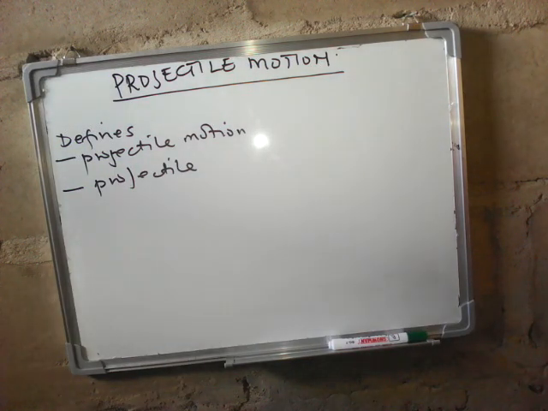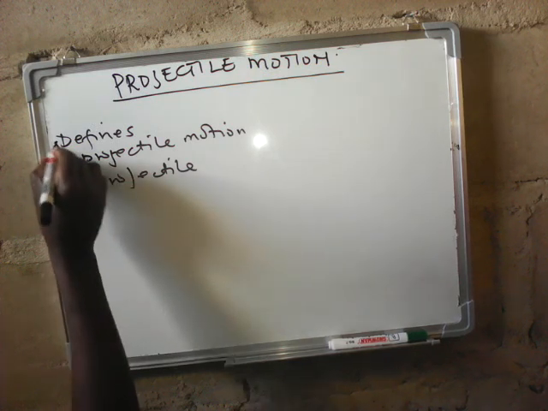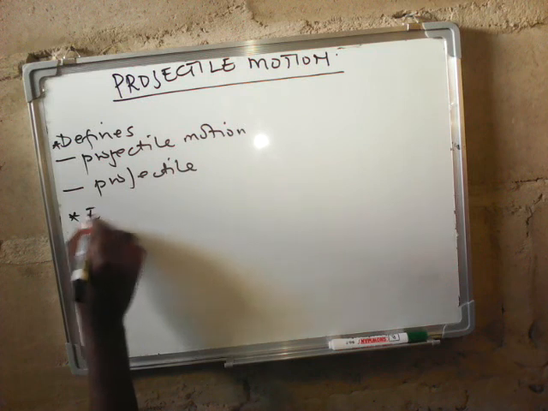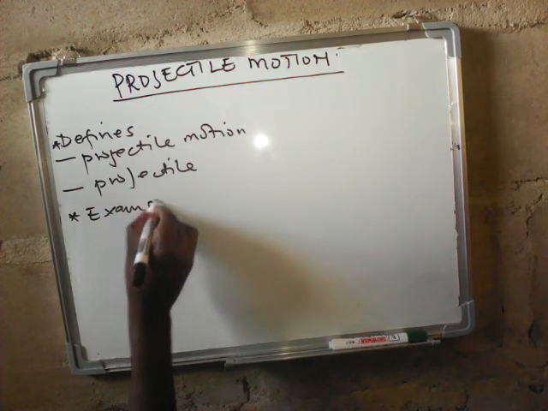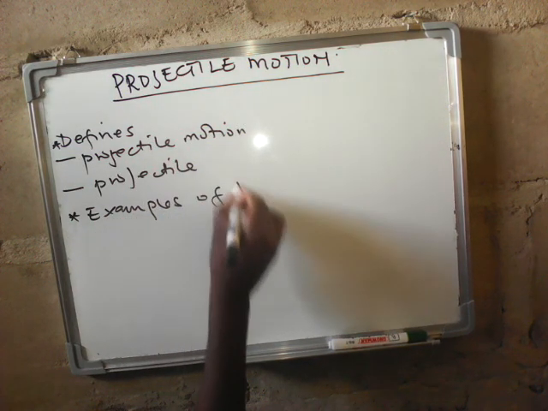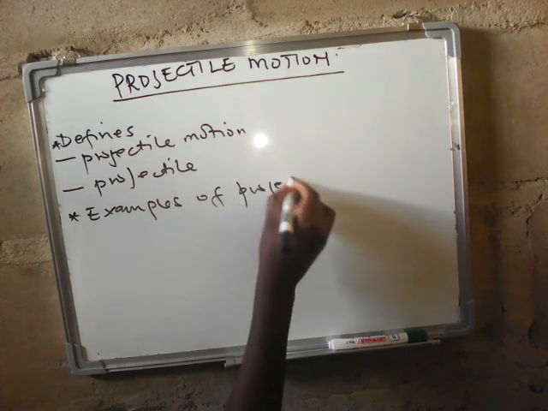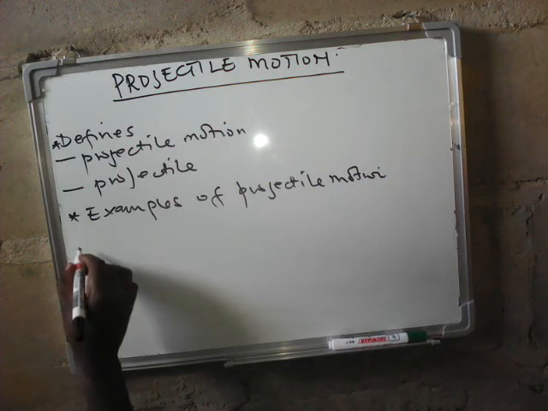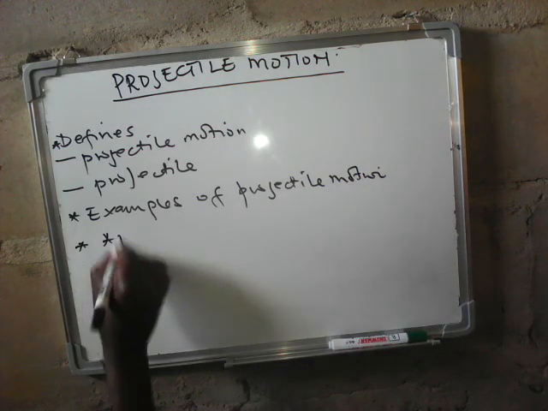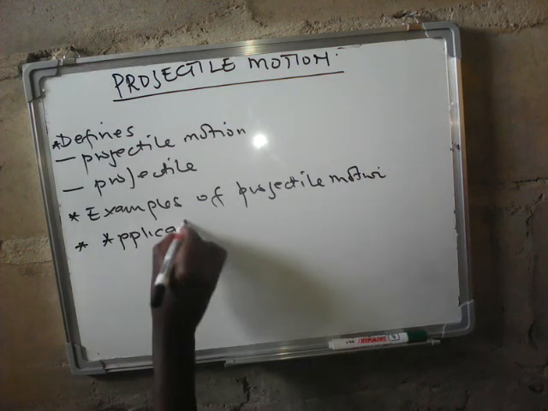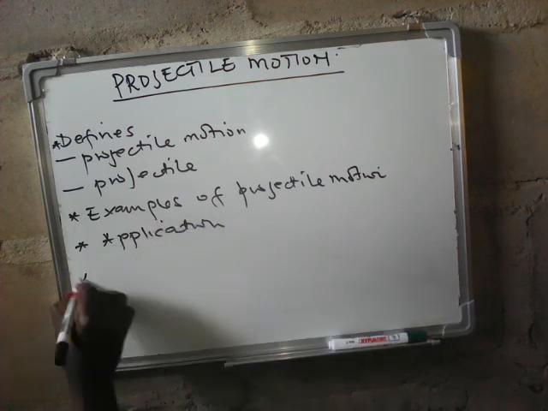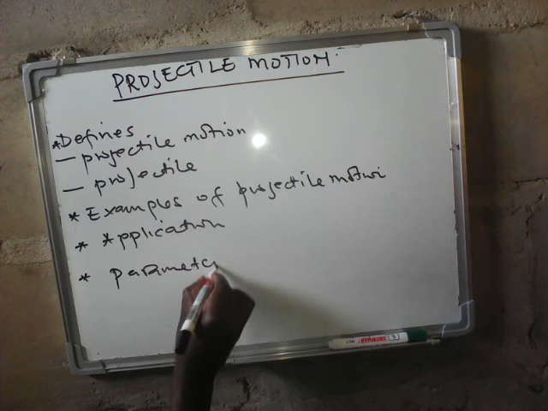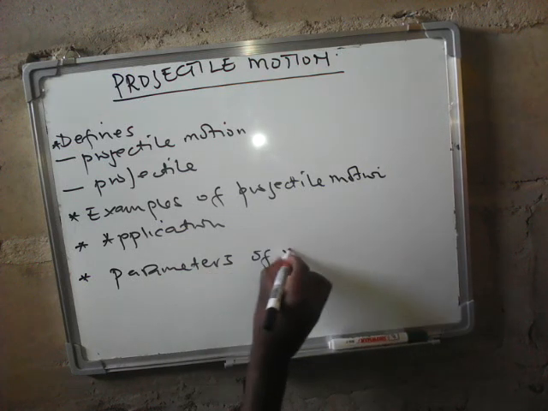And then from there, we shall talk about examples of projectile motion. Then we talk about application. Then lastly, talk about the parameters of the motion.